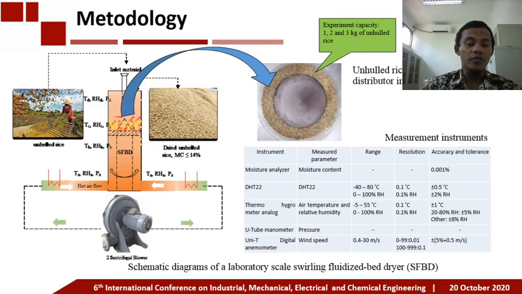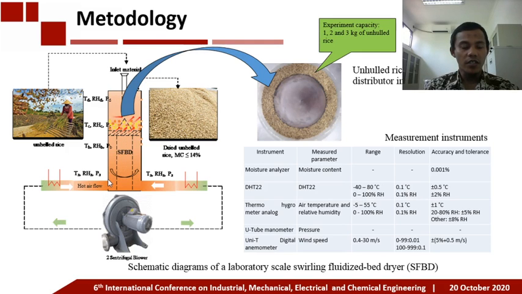This is the methodology. This is the schematic of the Swirling Fluidized Bed Dryer for laboratory scale. This dryer consists of two blowers with 3.7 kilowatts of power, and we have a 6 kilowatt fin heater in two hot air inlets here.